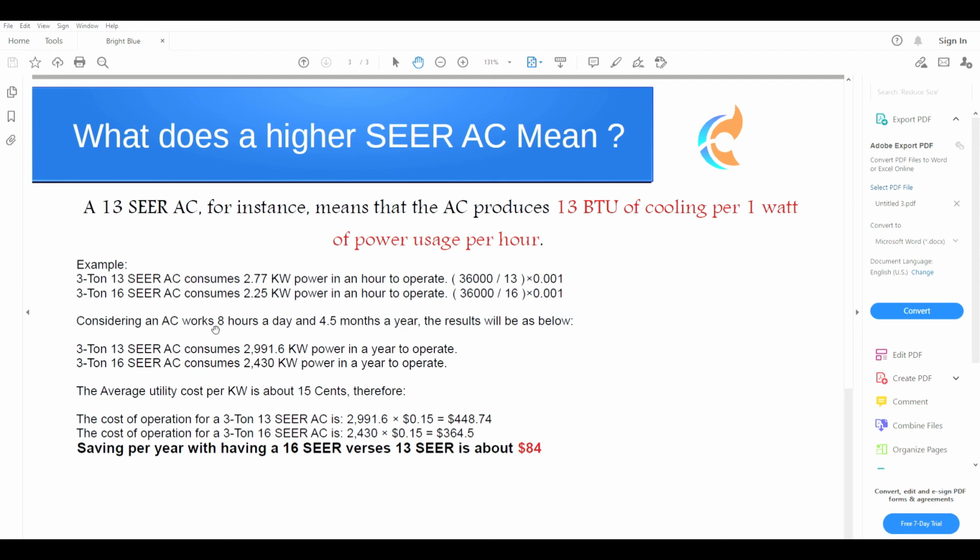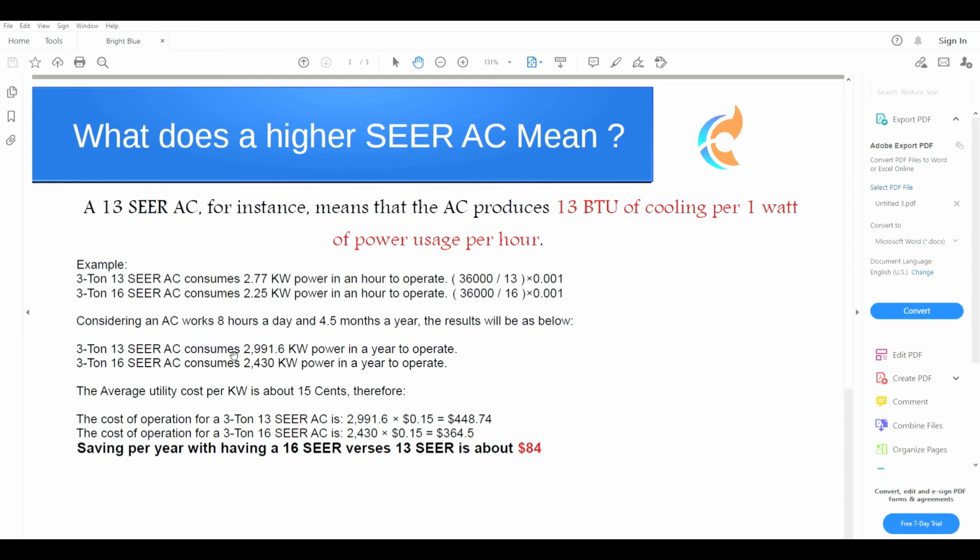Considering an AC works 8 hours a day and 4.5 months a year, the results will be as below. A 3-ton 13 SEER AC consumes 2,991.6 kilowatts of power in a year to operate. So this was in an hour, turning it into a year by assuming that the air conditioner works 8 hours a day and 4.5 months during the year.